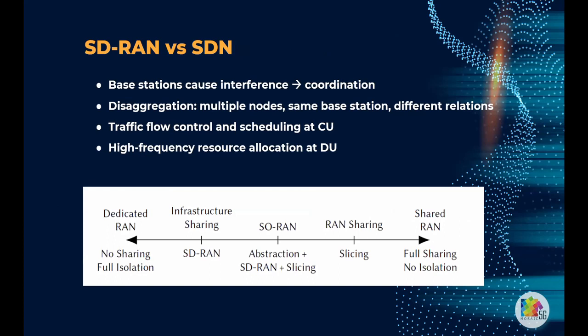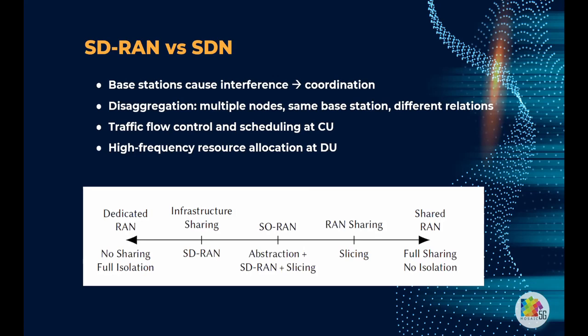If you have a cellular system, 4G or 5G, that is deployed and you have no sharing and you don't want to program anything, you have kind of a dedicated radio access network. It means you deployed the base station as a black box. It is dedicated to a particular operator. No changes can actually be made here.